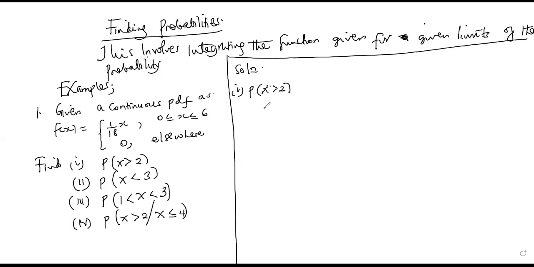No. You have to integrate from a certain value to a certain value. Now, since you have 0 to 6, and I've said x greater than 2, you should not go beyond this 2. The value of x should be greater than 2. It means that 2 is the lowest limit.